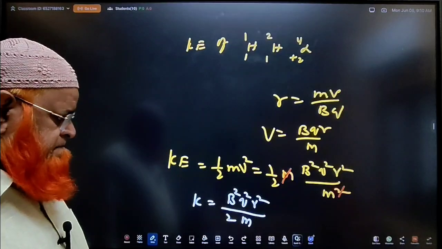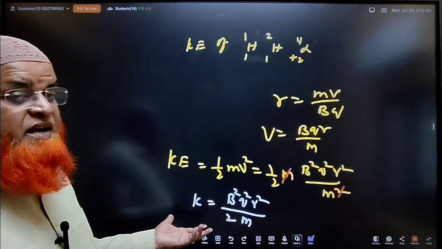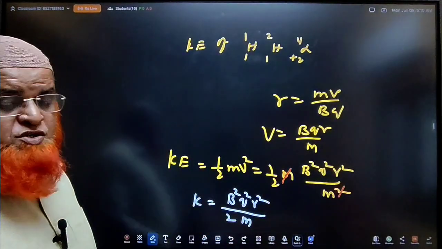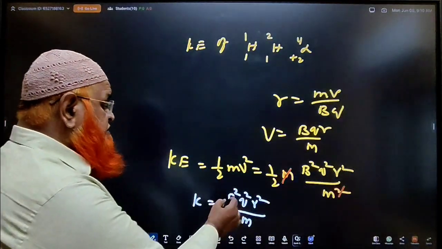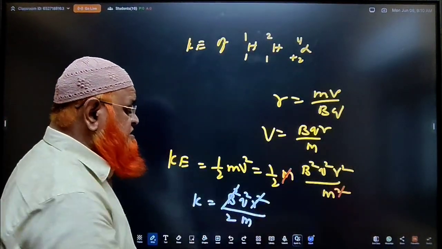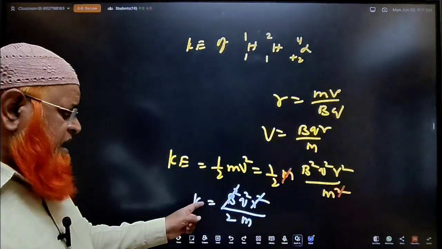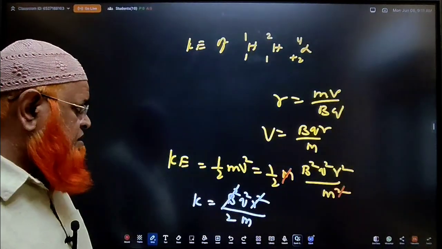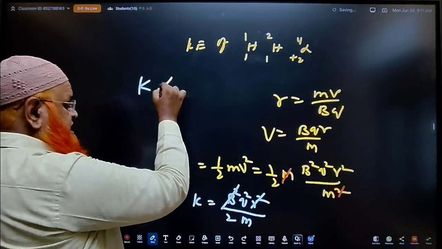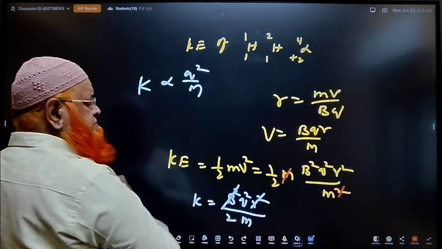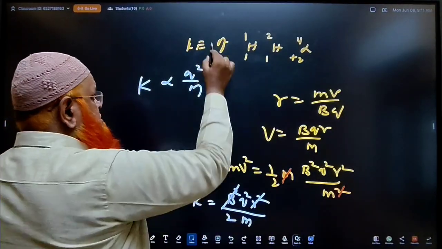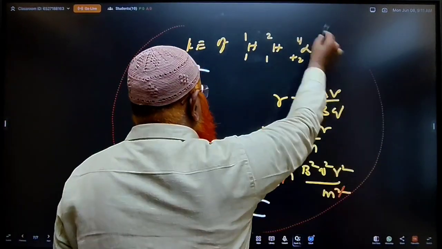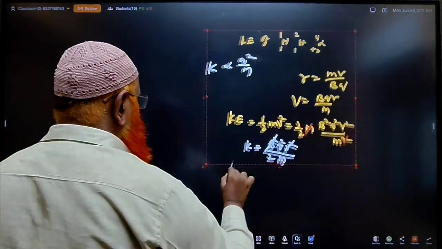So here, find the ratio of their kinetic energies. Find the ratios of their kinetic energies if their magnetic field is same and radius are same. If their magnetic field is same and radius are same, both are constants and removed, then K is directly proportional to Q square by M. So this is the formula to find out the kinetic energy.